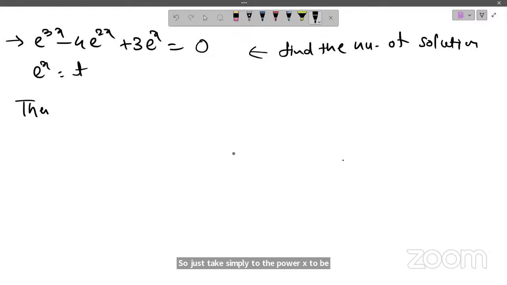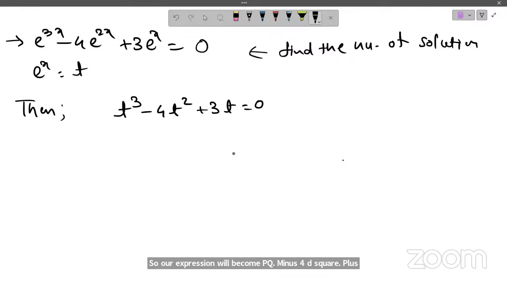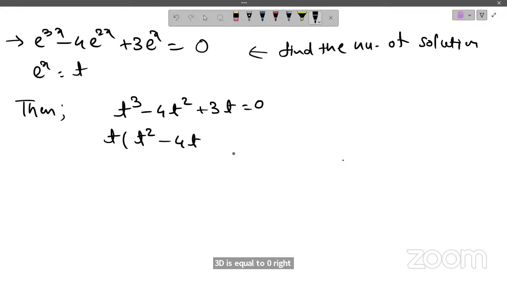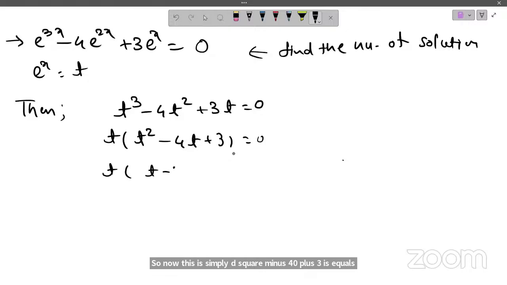This is the most general approach. Our expression will become t cube minus 4t square plus 3t is equal to 0. So now this is simply t, t square minus 4t plus 3 is equal to 0. So this is t, t minus 1, t minus 3 is equal to 0.